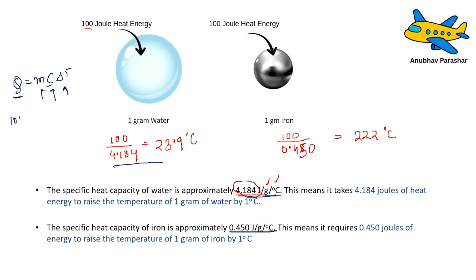It is given that heat transferred is 0, mass is 1, and we have to use the specific heat here, and this is ΔT. So you can say ΔT is basically nothing else but 100 divided by the specific heat, and this is the exact formula that we've used here and here, right?